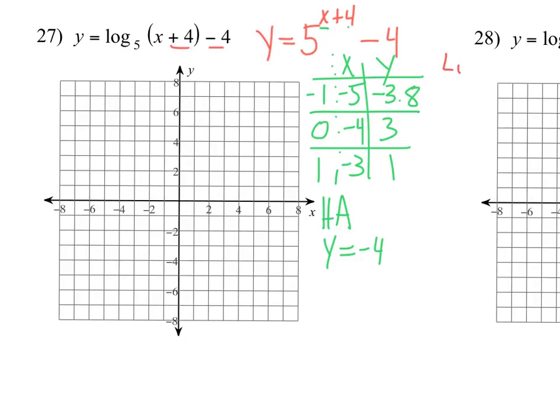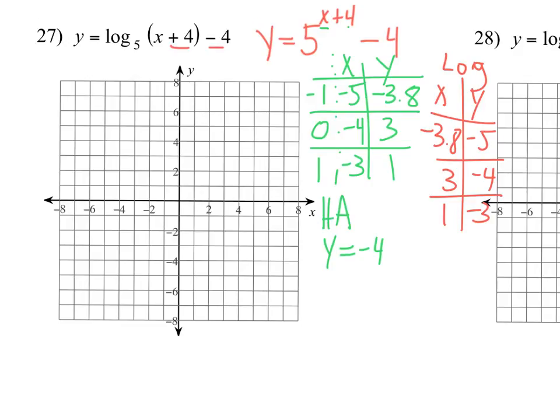When I turn this into the log form, all my points are going to switch. So we're going to have -3.8, -5. We're going to have 3, -4, and 1, -3. My horizontal asymptote at y equals -4 is going to become a vertical asymptote at x equals -4.